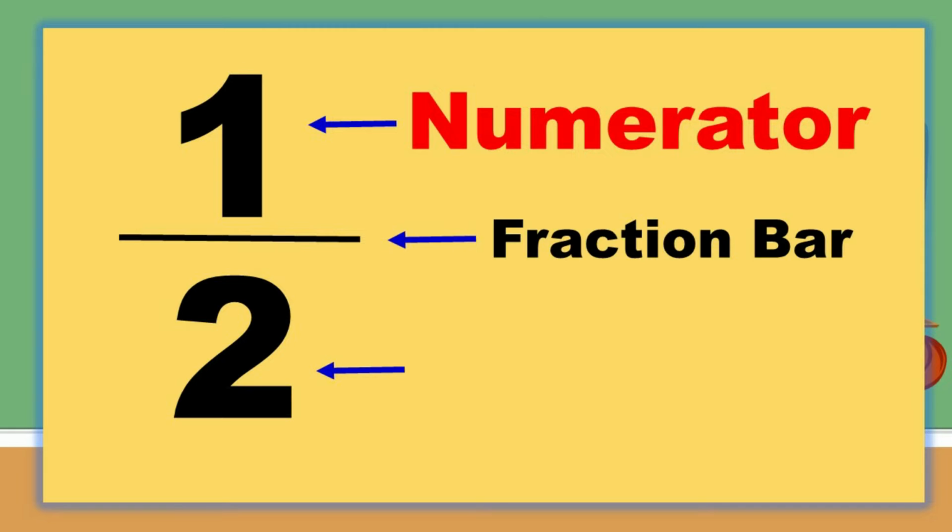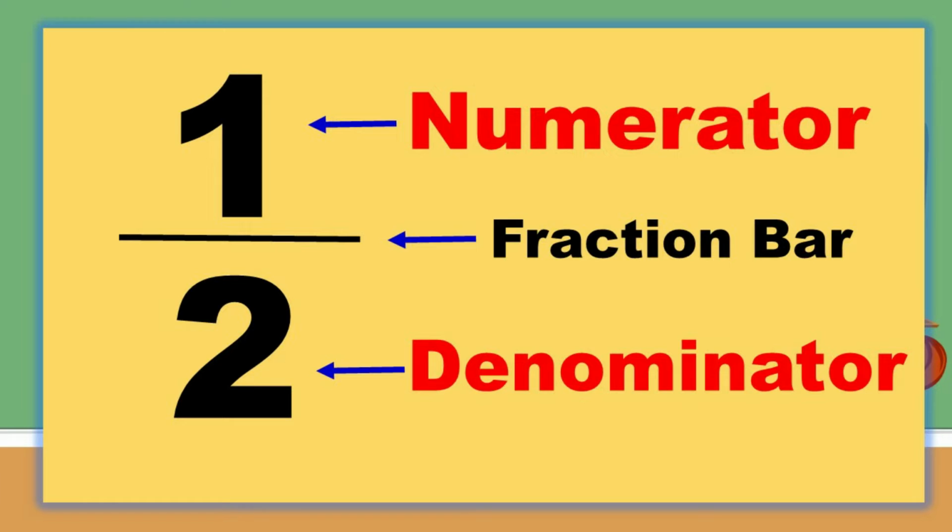The line that we can see is what we call fraction bar. Everyone say fraction bar. And the number that we can see below is what we call denominator. Everyone say denominator. If we say denominator, it tells into how many parts the whole is divided, or how many parts are there in all.